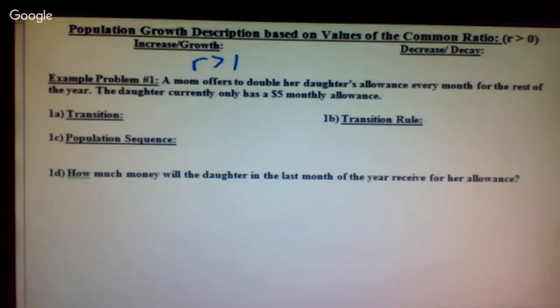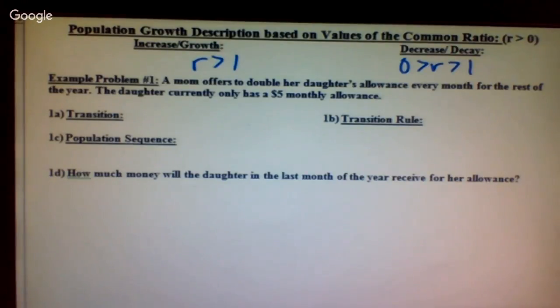It's greater than 1, which means we have increase. If you have decrease, it will not be negative. You should never have an R value that is negative. However, it will be some number between 0 and 1. So 0.5, 1/3, 3/5, 0.00007. That all shows decay.